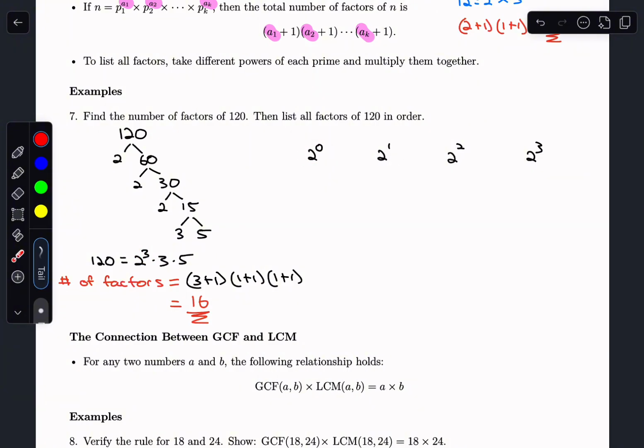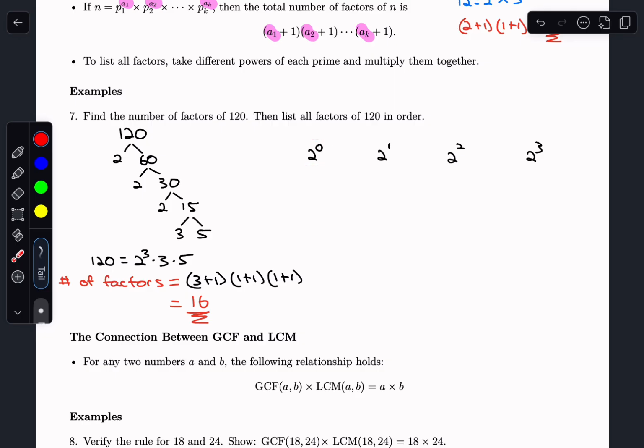Notice, when I write out all the ways I can include 2, I could have all 3 2's in there, I could have 2 of the 2's in there, I could have 1 of the 2's in there, or the extra option is that I could have none of the 2's, and that's what 2 to the power 0 represents. So the reason we add 1 to each exponent to count the number of factors is to account for the fact that we could include 0 of that prime factor.